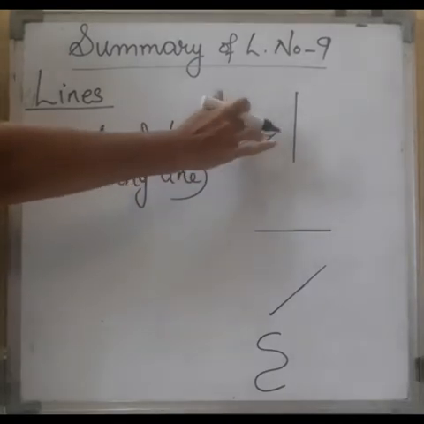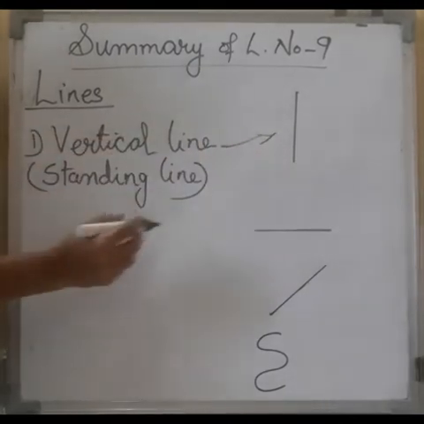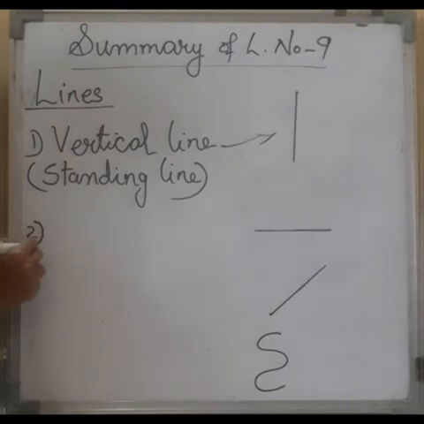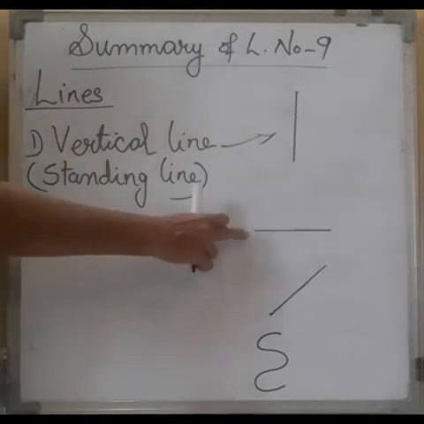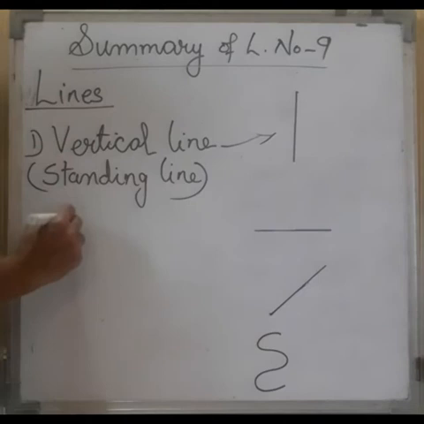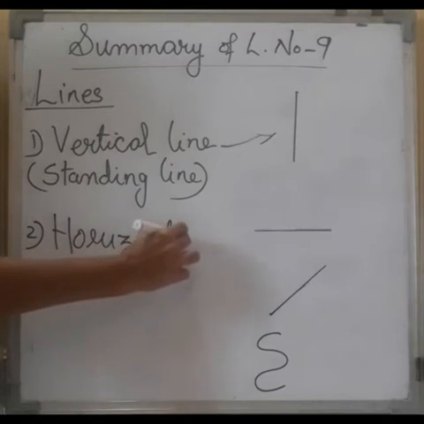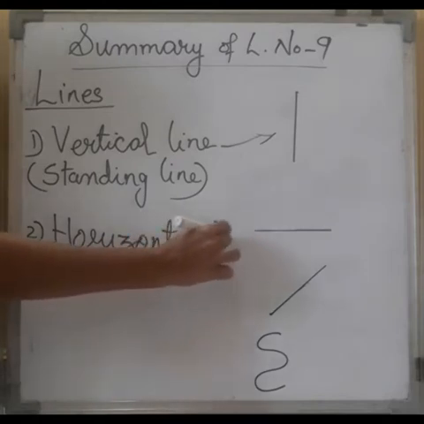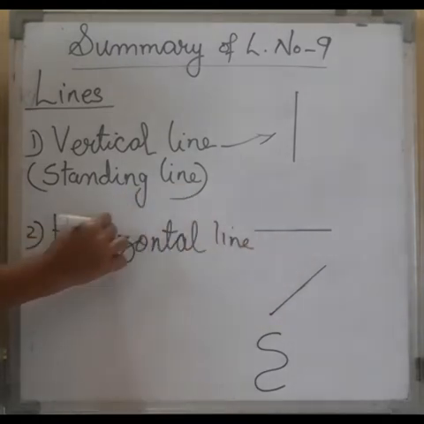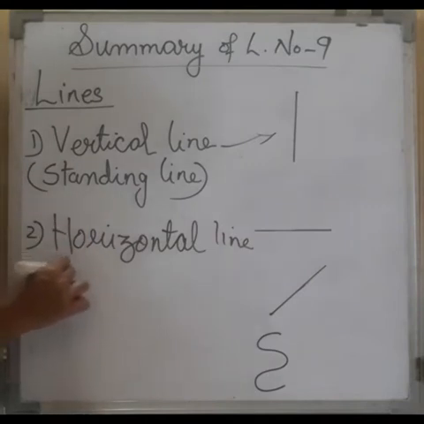This is the vertical line. And the second one is called horizontal line, or its other name is sleeping line.